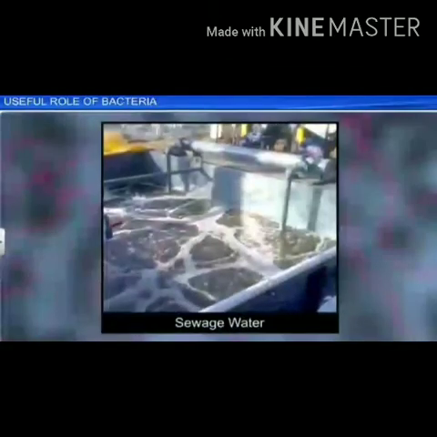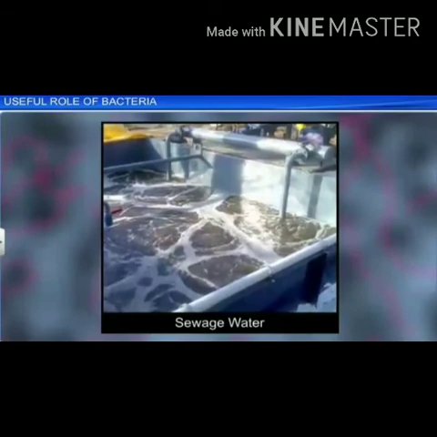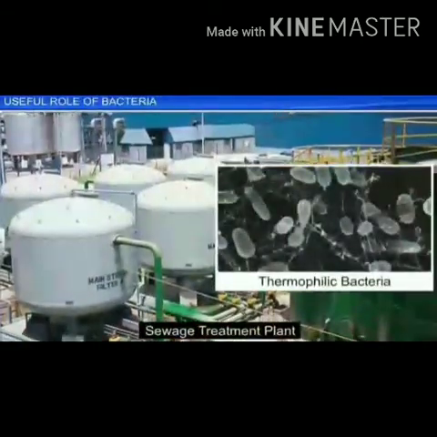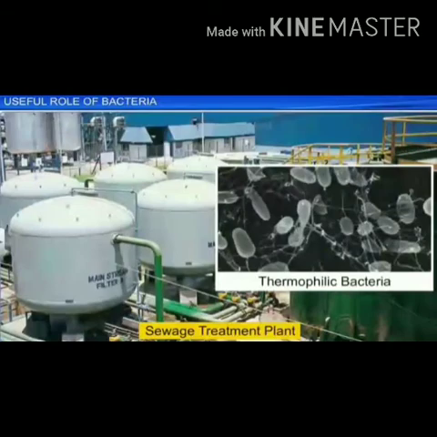Bacteria also play a useful role in the treatment of sewage. One example is thermophilic bacteria, used to decompose human excreta collected in sewage treatment plants, especially in big cities.